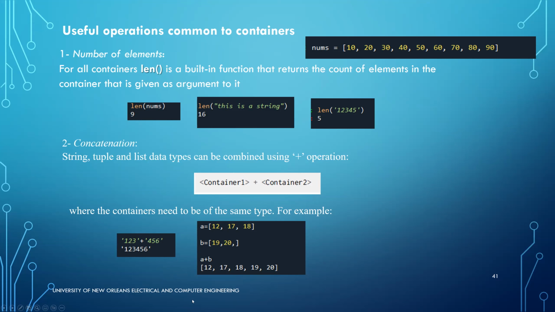Okay, and the order is important because A plus B is not going to be the same as B plus A. If I do B plus A, then 19 and 20 will be the first two elements on the list. So the order is important. In this case, A plus B is not equal to B plus A when you use concatenation.